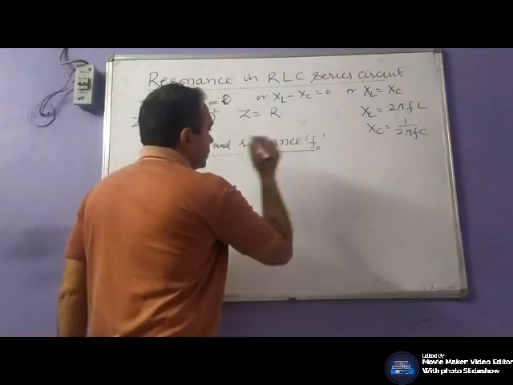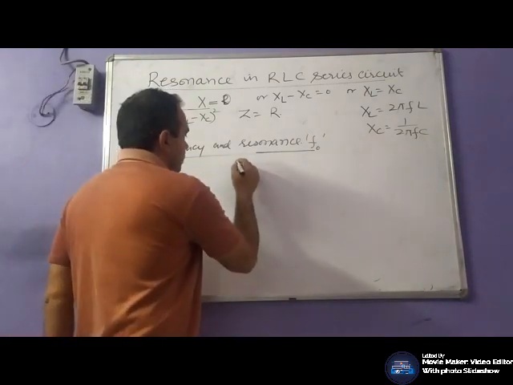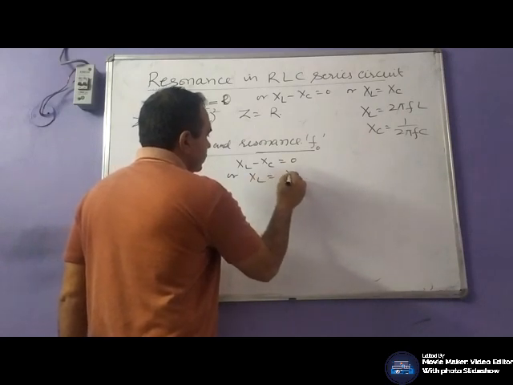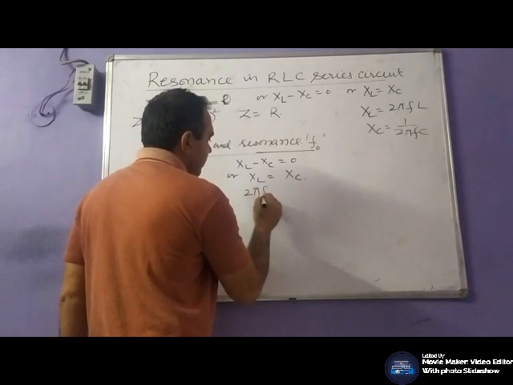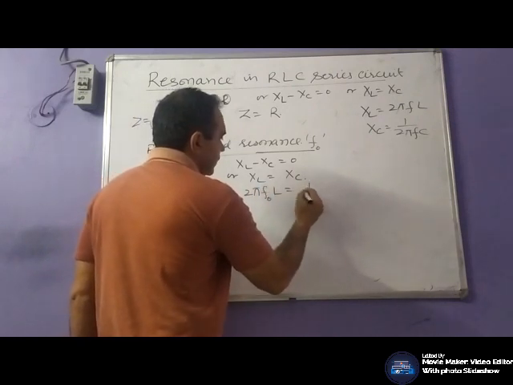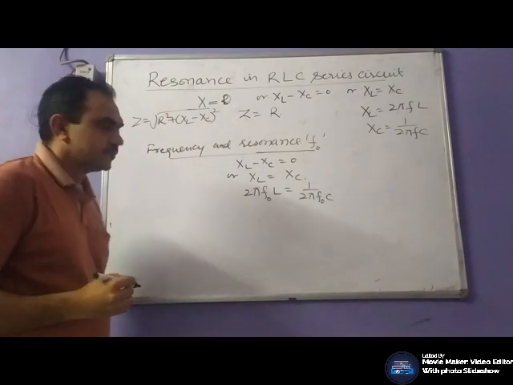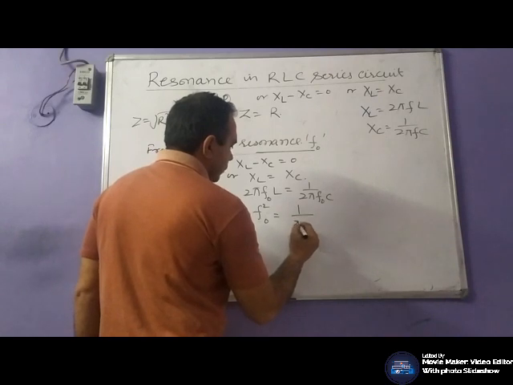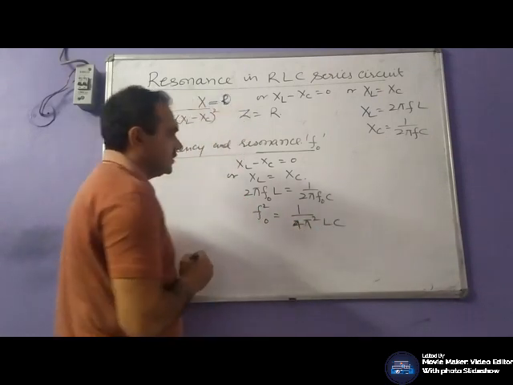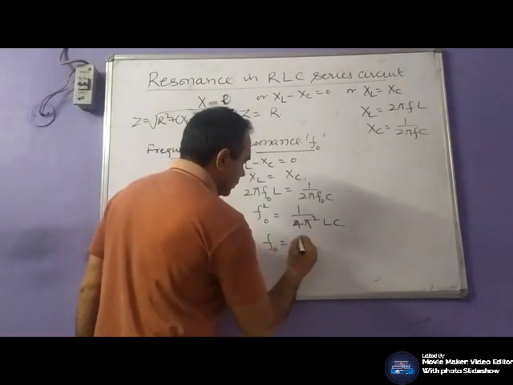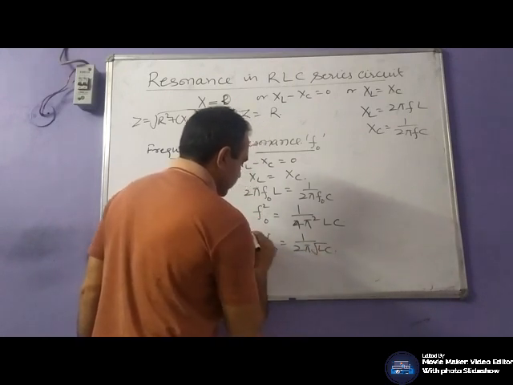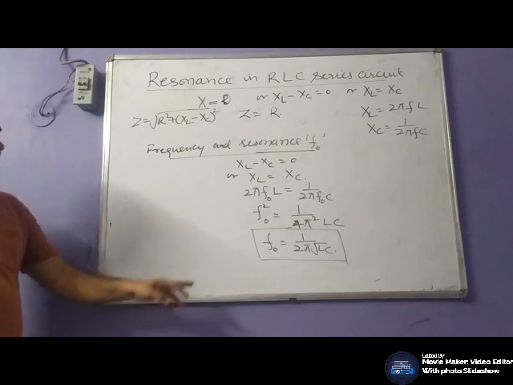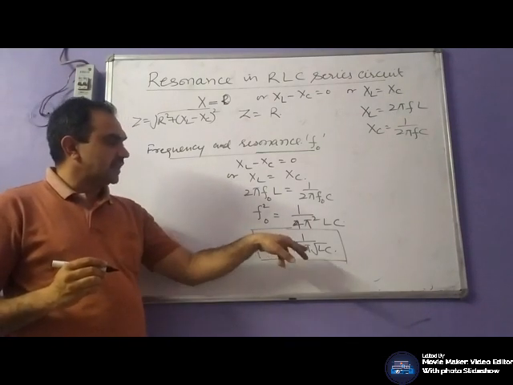So we know at resonance XL minus XC would be 0, or XL would be equal to XC, or 2 pi f naught L equals 1 by 2 pi f naught C, or f naught square would be equal to 1 by 4 pi square L C, or f naught equals 1 by 2 pi under root L C. So in a series circuit at resonance, at this particular frequency the circuit would be in resonance.